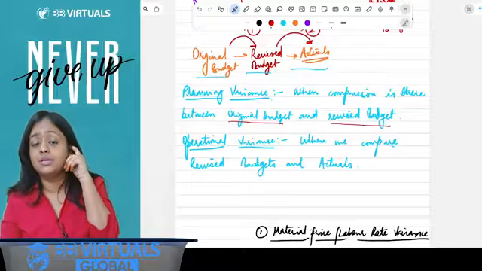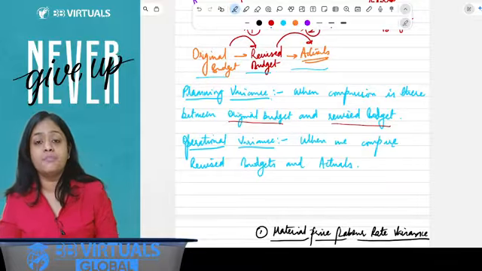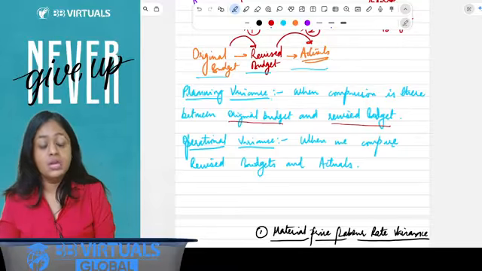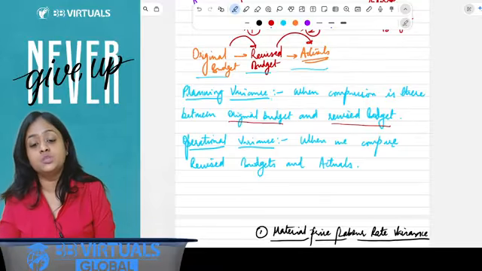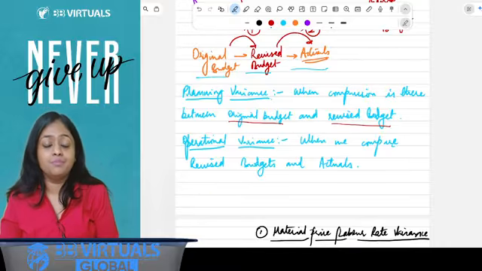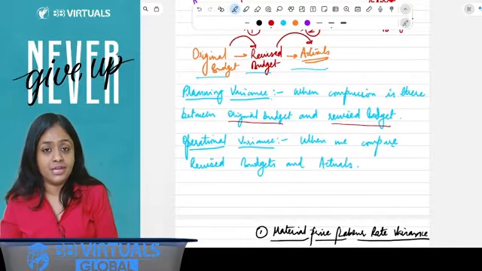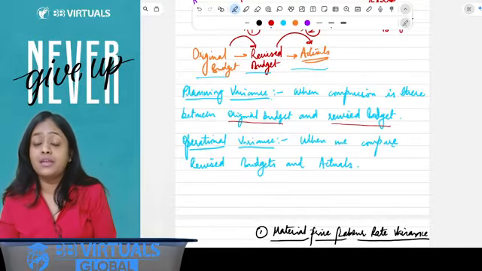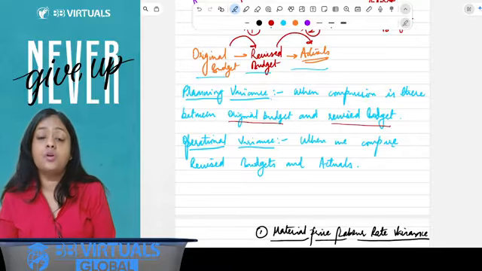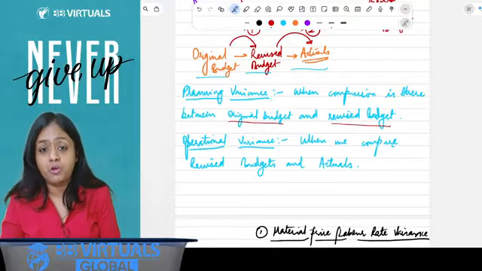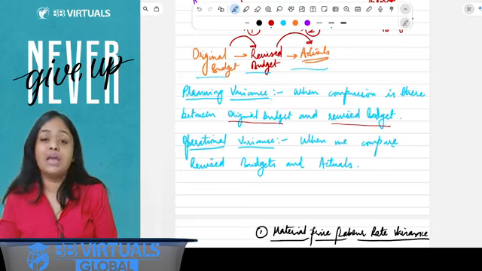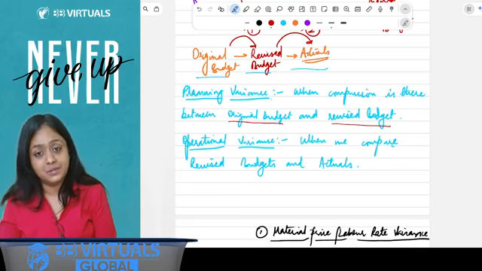Now, the background here is, let's say I have a material price variance of 10,000, and if we are evaluating the manager's performance based on these variances, the manager may say that because the budget got revised, we had the variance, and the management may say that the manager did not perform properly. So in order to ensure that we can fix responsibility of the top level of management as well as the managers, we have these planning and operational variances with us.